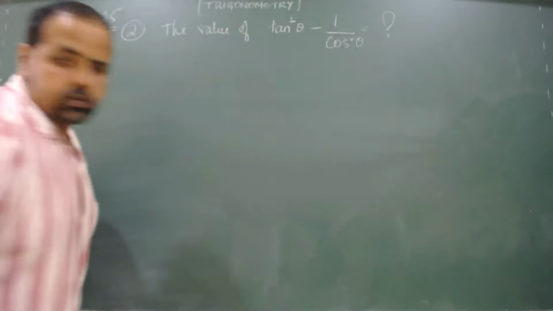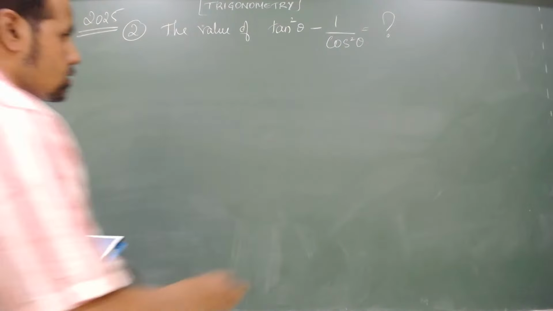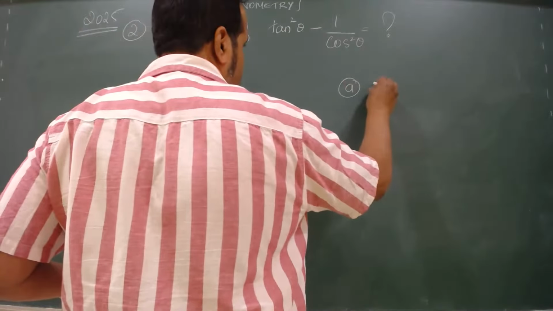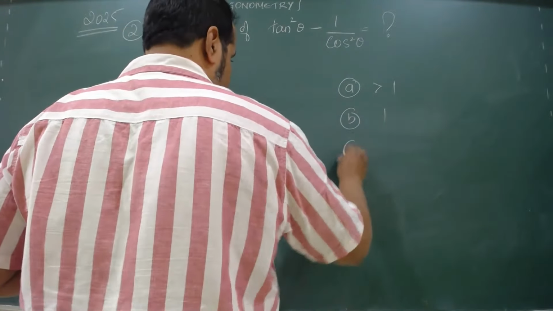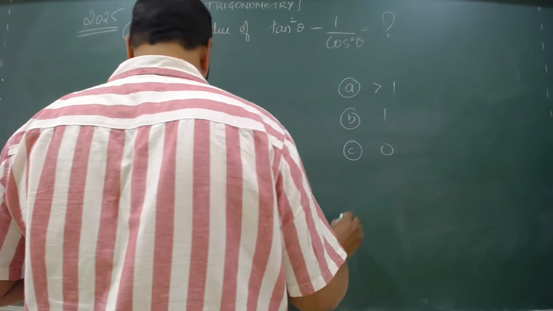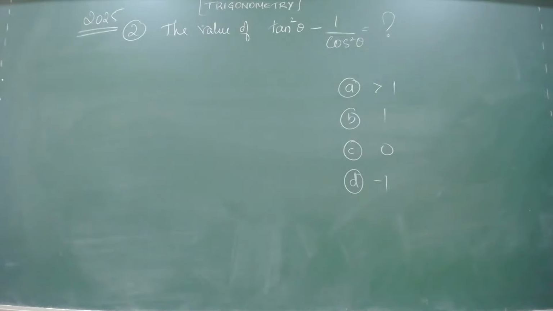Four options are given here. Option A, more than one. Option B, 1. Option C, 0. Option D, minus.